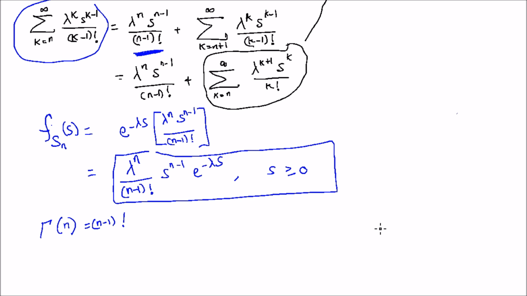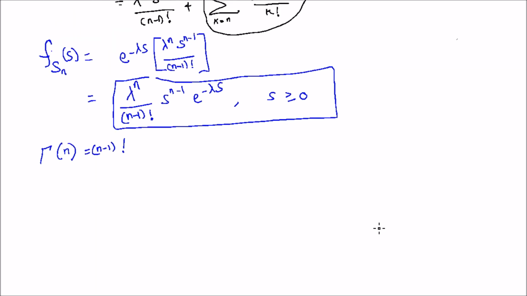Okay, before I close out, I want to give you one exercise. If you remember, we found that the time to the first arrival followed an exponential distribution with rate lambda.